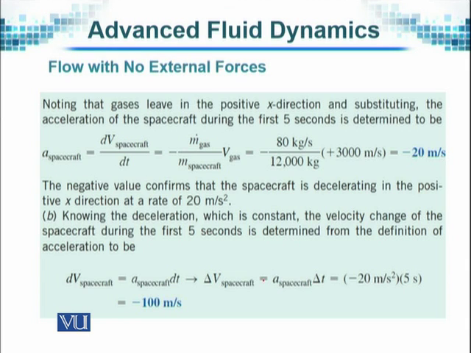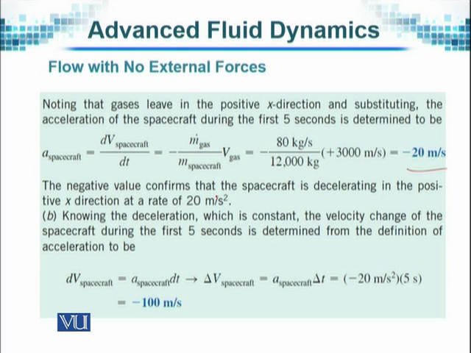As we calculate, the acceleration turns out to be 20 meters per second squared in the negative direction, and it only confirms that the spacecraft is decelerating, not accelerating. If it was accelerating, that would be positive. If it is decelerating, it is negative, and it has a value of 20 meters per second squared.